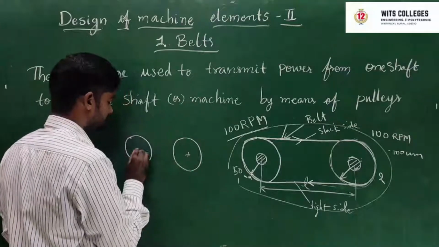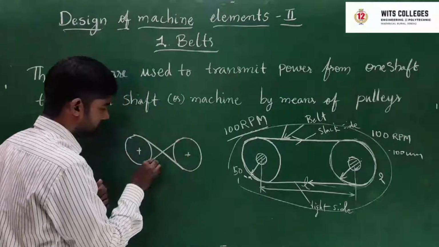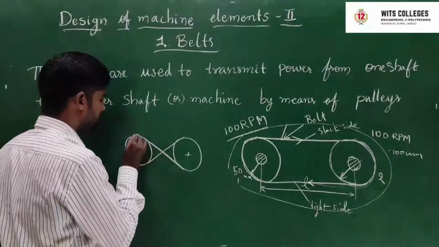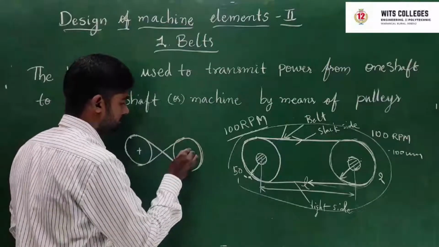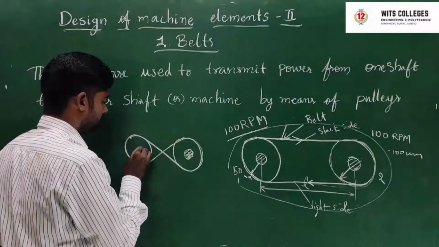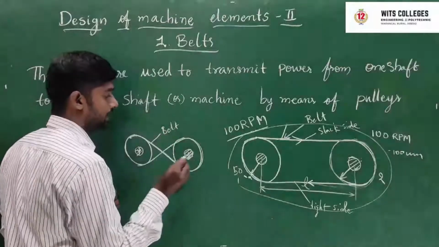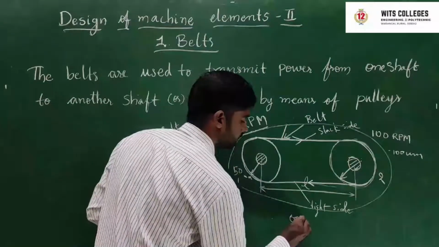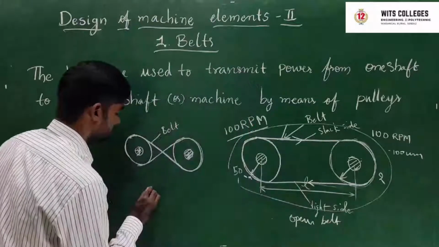This is the cross section of the belt over two shafts. Totally this is an open belt, and this one is a closed belt.